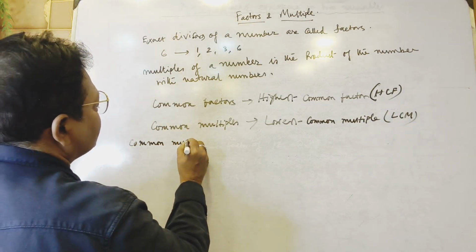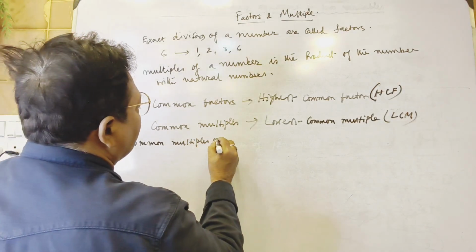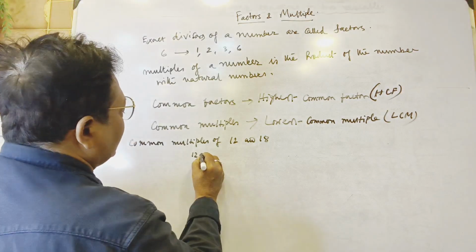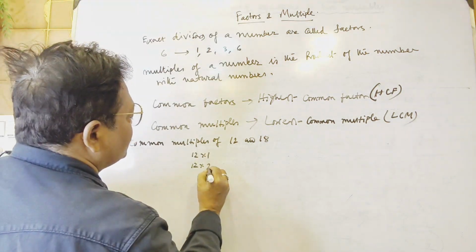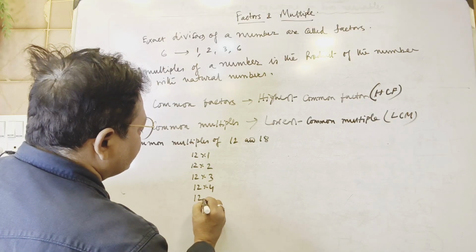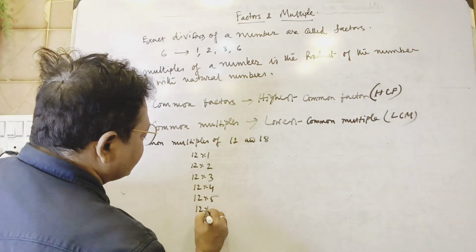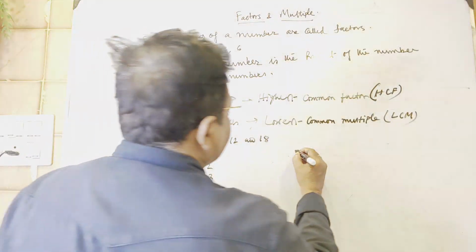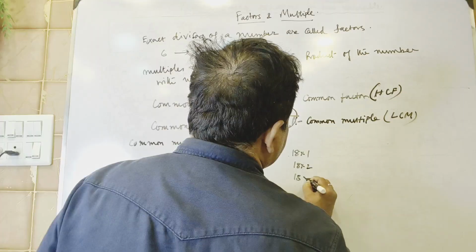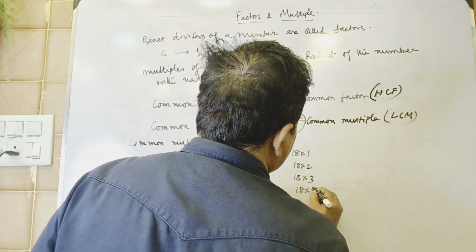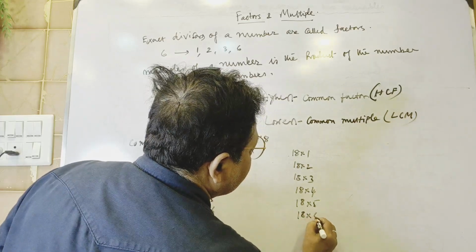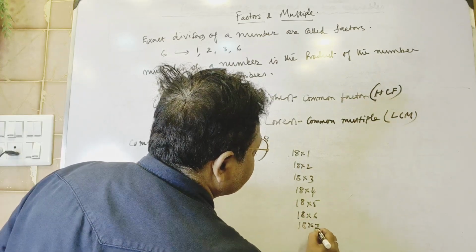Multiples of 12 are 12 into 1, 12 into 2, 12 into 3, 12 into 4, 12 into 5, 12 into 6, and so on. And for 18, 18 into 1, 18 into 2, 18 into 3, 18 into 4, 18 into 5, 18 into 6, 18 into 7.